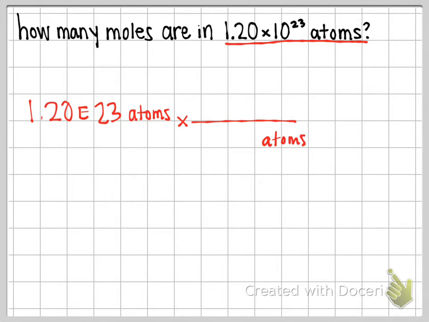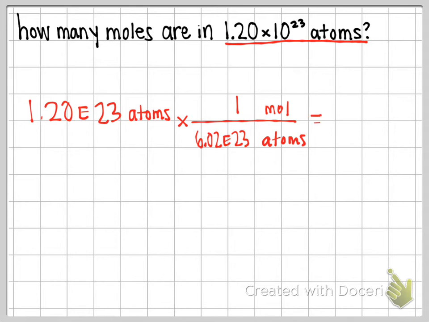And if you look back at your conversion factor, if you're trying to convert atoms to moles, it's 1 mole is 6.02 E23 atoms. And so you take the top stuff, 1.20 E23, times 1, and then divide it by the 6.02 E23.